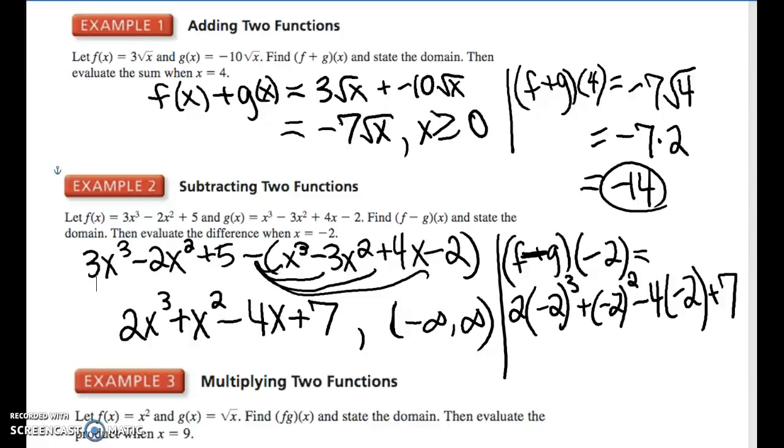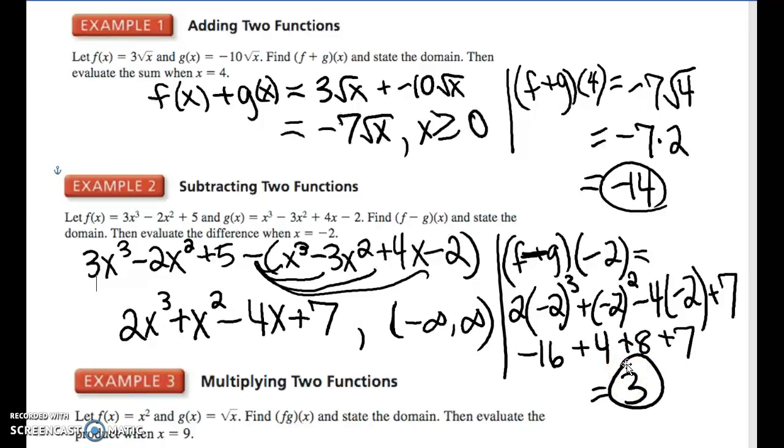When you calculate that, you should get negative 16 plus 4 plus 8 plus 7. So then you'll get 12, 19? You should get 3 for your final answer.